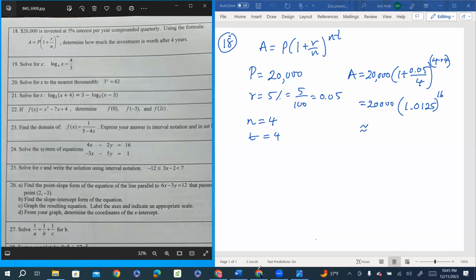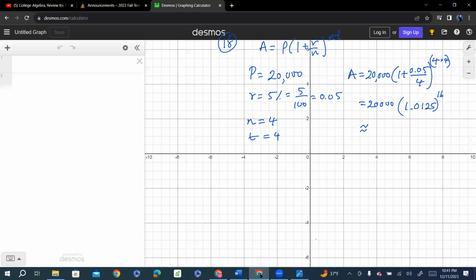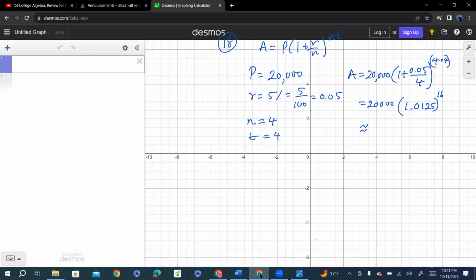I think I have a calculator open up here for you. Let me see if I can open up the calculator for you. All right. So I'm going to put the calculator here. Can I type in the answer? Yeah, I think I should be able to. I guess I have to type it from here.